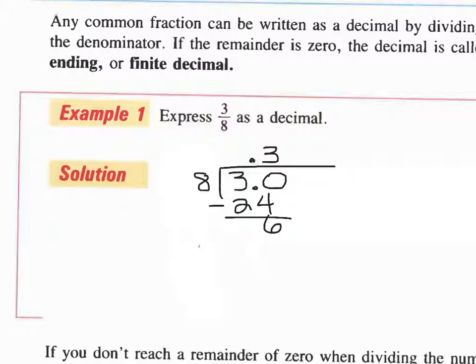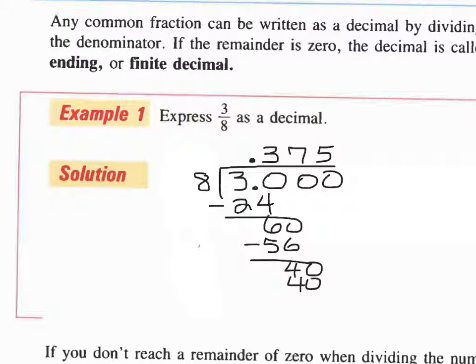Now I'm going to bring my decimal point straight up. I'm going to add another 0. Try to divide 8 into 60. Again, it's not going in evenly. 8 times 7 is 56. I'm going to subtract. I'm still going to bring another 0 down, but now finally, 8 times 5 is 40.